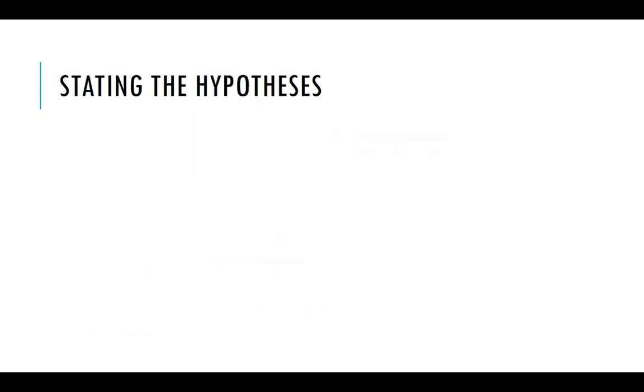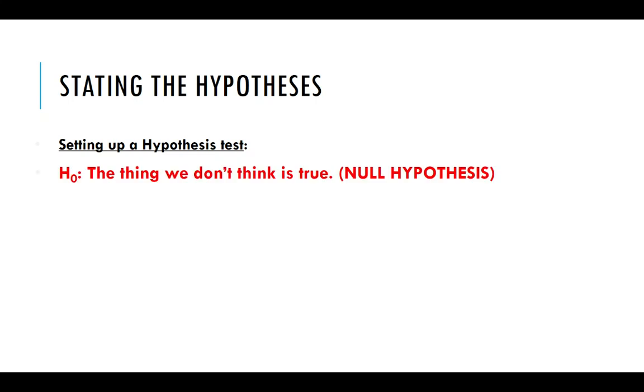Let's talk about actually stating our hypotheses. Well, let's set up a hypothesis test, and it's going to turn out there are two parts to our hypothesis test. We're going to start with a null hypothesis, and that's the thing we don't think is true. I'm simplifying this just a little bit. So the null hypothesis has H with the subscript 0, the thing we don't think is true.